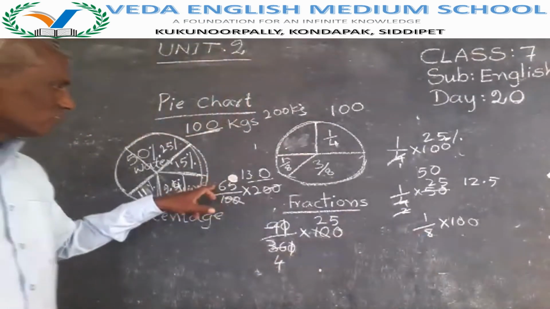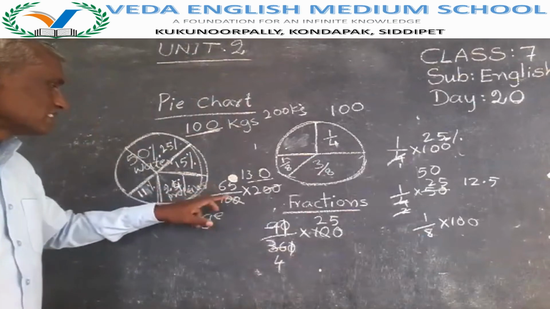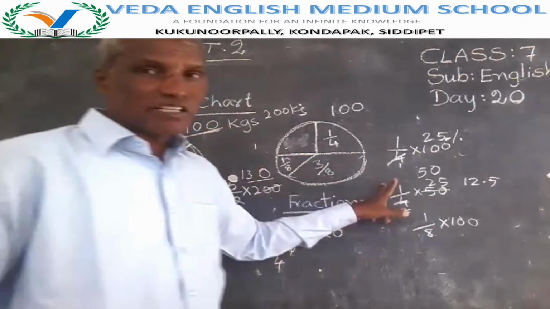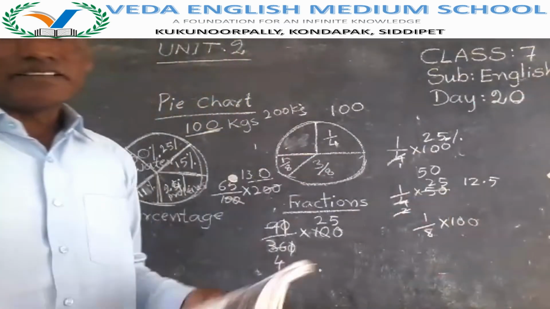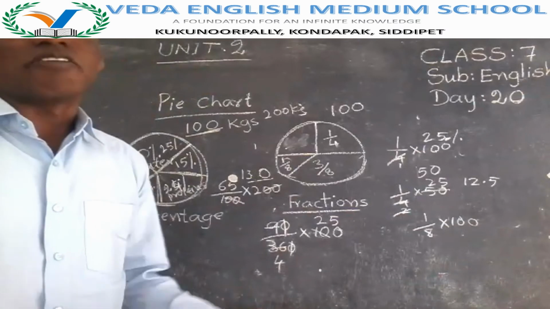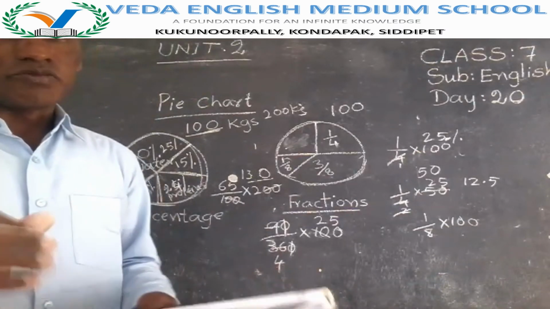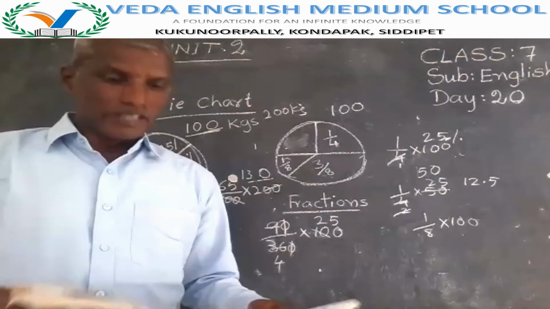The percentages you should change it to 65%. Percent means 65 by 100 into actual weight. Okay, here fraction means fraction into actual weight. Then you get the correct number of kgs or weight or whatever may be, you will get that. Okay, this is very important to understand that. I hope now you understood the things.